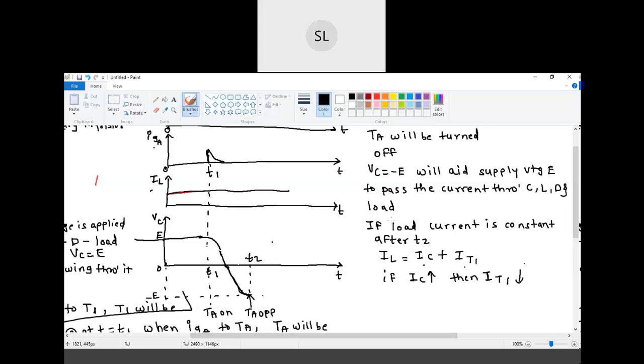Thus at a particular instant, here I'll show it like this, at this particular instant, what will happen? T1 will be turned off.